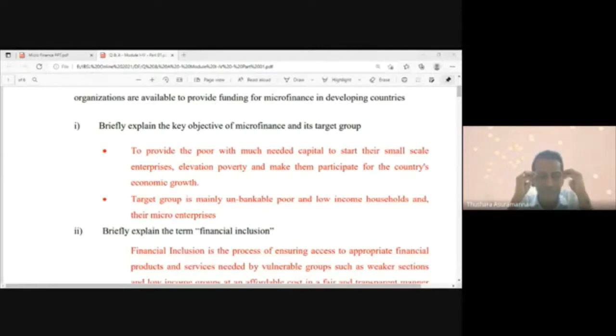You can get maximum marks on this, because I have been marking papers for the last 10 years, and whoever has attempted microfinancing gets at least 17 out of 20. That's the minimum mark they are getting, because nothing is coming from outside. It's all from the textbooks, what we learn. And the beauty is there are so many past paper questions being repeated.